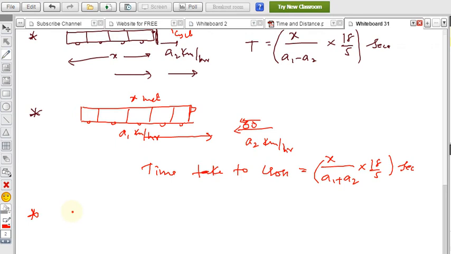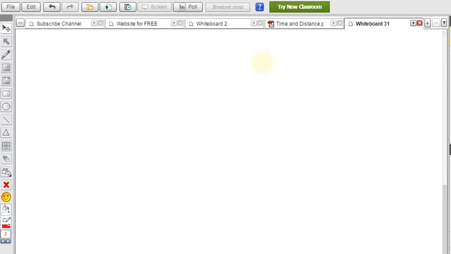For example, the time taken by a train of length x1 meters moving at a speed of a1 to cross another train of length x2 moving at a2. So when both trains are crossing each other in the same direction or the opposite direction, let us see the same direction first. Two trains.